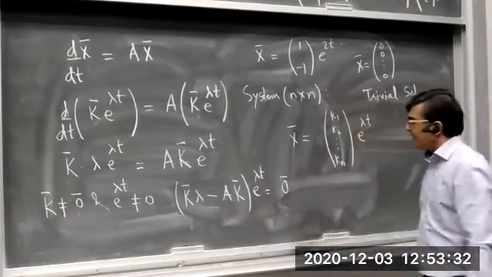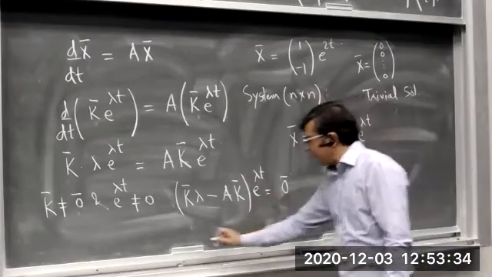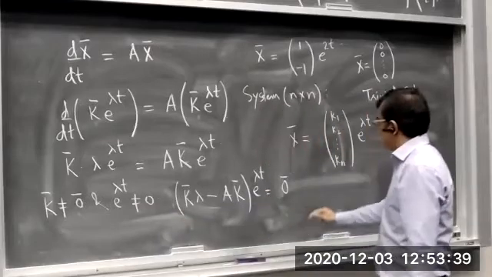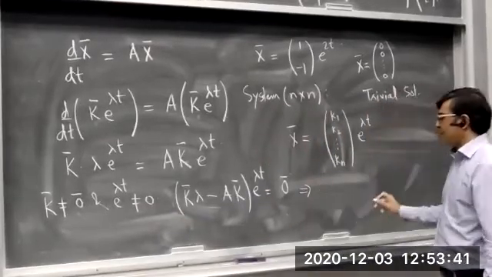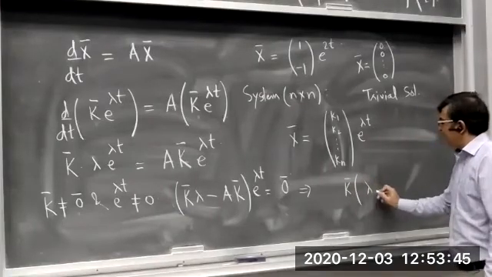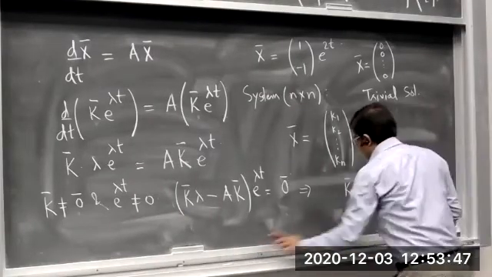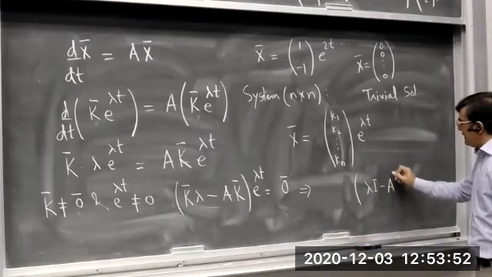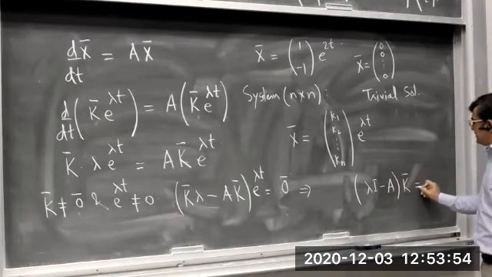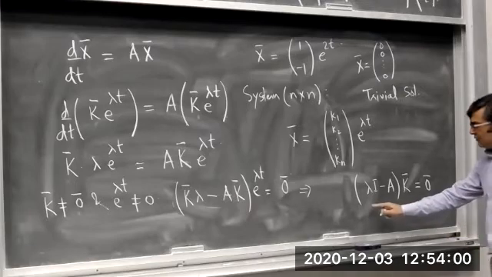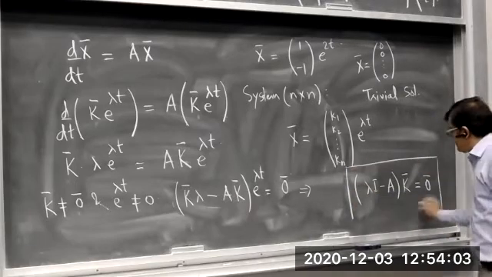Now this exponential is always non-zero, so if we eliminate it, from here we can obtain k times lambda, or rather writing k on the other side: lambda I minus A times k is equal to the 0 vector. This is the equation you obtain.